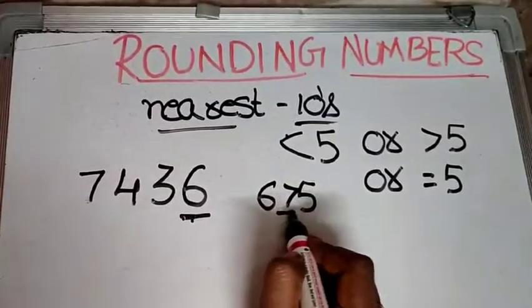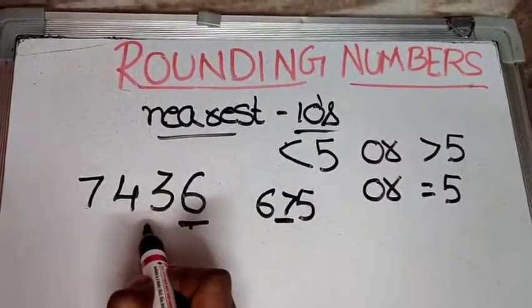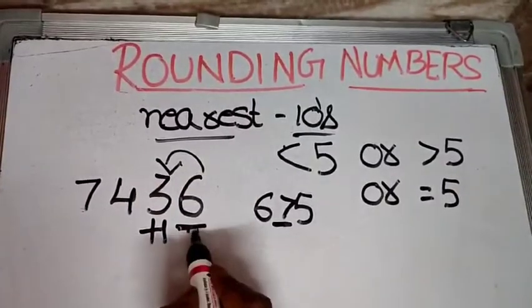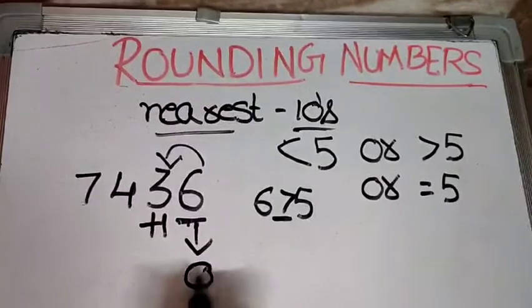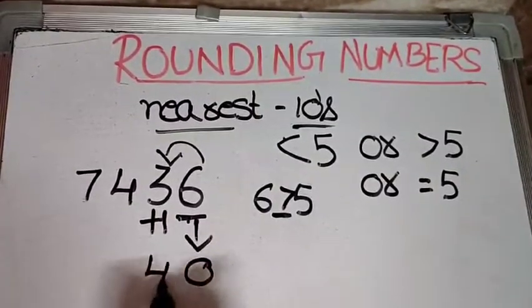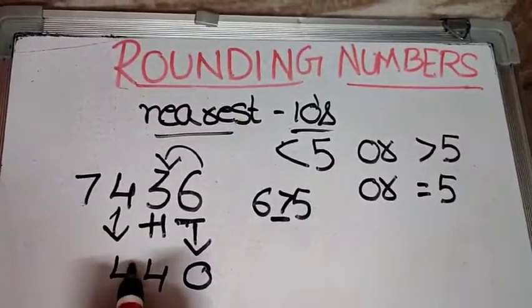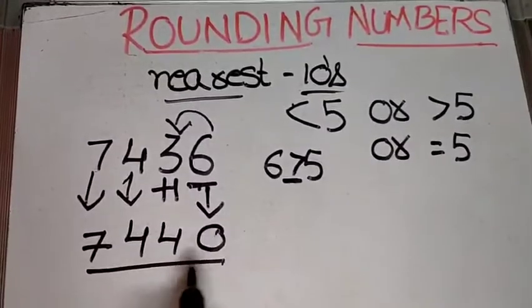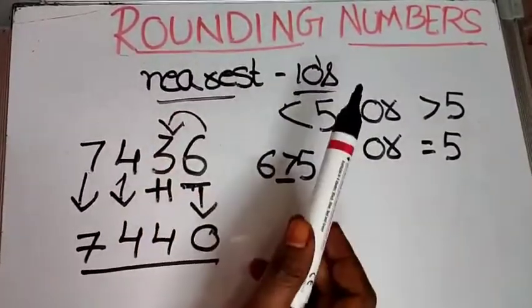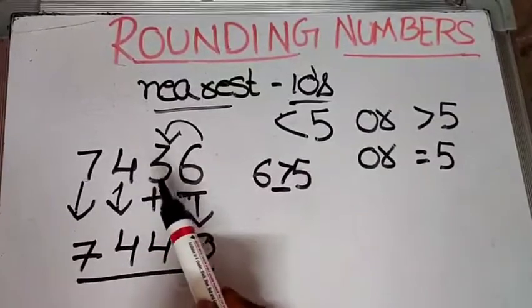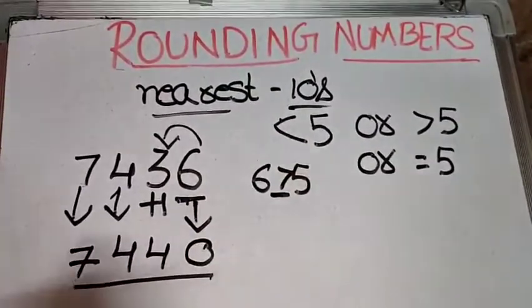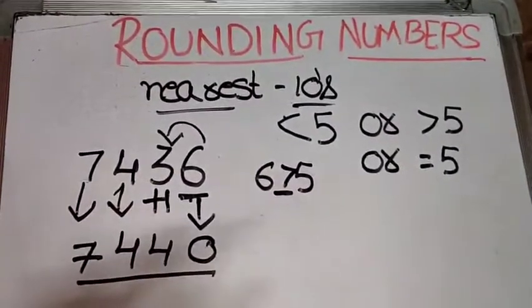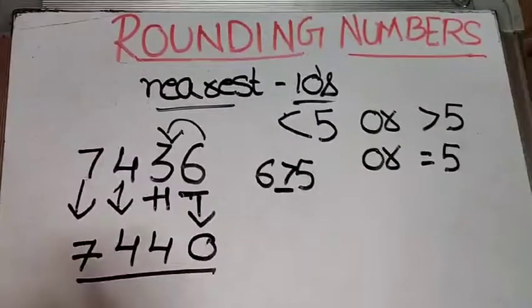If it is greater than 5, we have to add plus 1 to the next digit, and this digit becomes 0. 3 plus 1 becomes 4. And get this 4 here and get this 7 here. So 7440 is the rounding number of 7436 to nearest tens. In this way we can find the rounding numbers of nearest tens for any number, like 4-digit number, 5-digit number, 6-digit number.